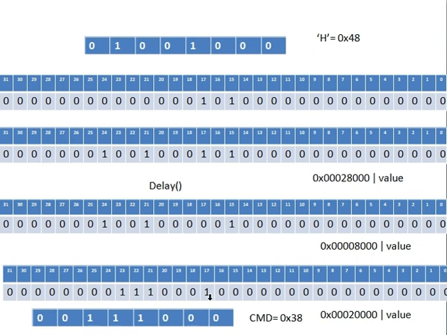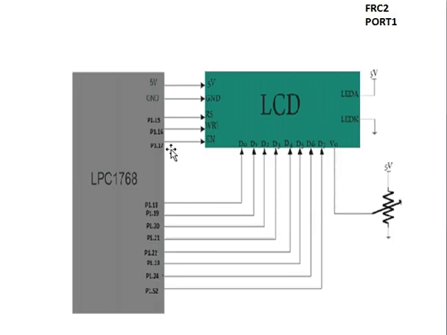And this is 2, which means pin number 17 is 1 and all other pins are made 0. So doing that is nothing but, when you look at here, pin number 17 is made 1 and remaining bits are made 0.